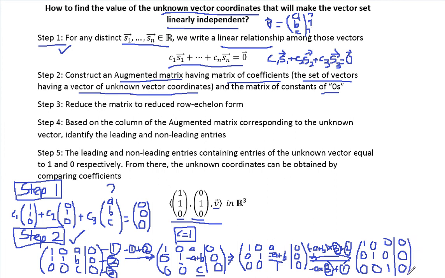So from here, by comparing the coefficients, we know that the leading entry equals to 1, and the non-leading entries equal to 0. These are the non-leading entries in the column corresponding to the unknown vector. So this is the column that we are going to focus on.